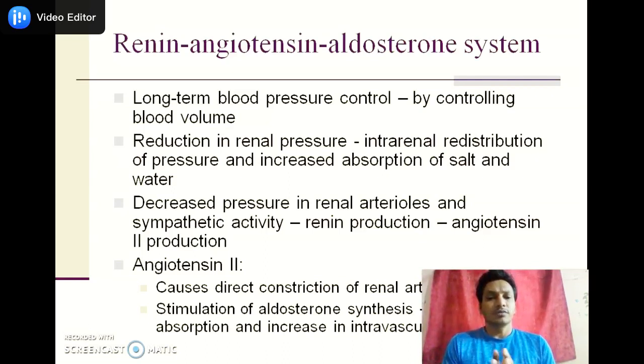When the blood flowing through our circulatory system reaches the kidney, if there is a decrease in the blood pressure, the specific apparatus called the juxtaglomerular apparatus present in our kidney detects the decrease in the renal pressure.